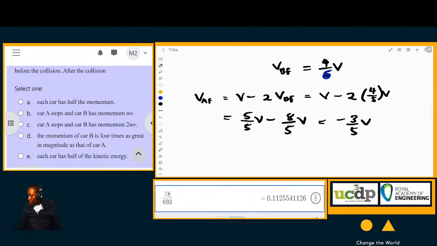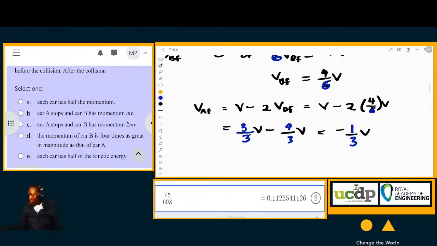So this is 2 times 4 over 6, which is 2/3. So I have to change this. 4 over 3, and this will be 3 over 3, making this minus 1 over 3.